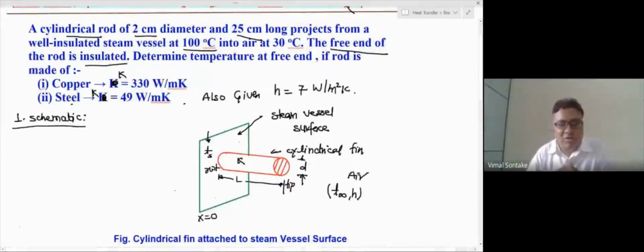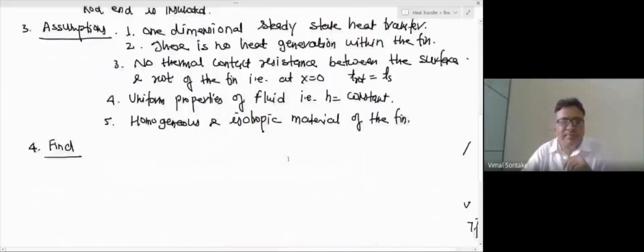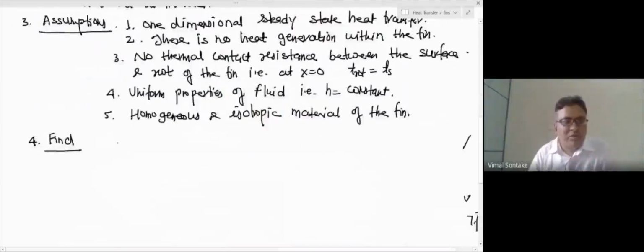So you are supposed to find out the temperature at the tip of the fin, that is at x equal to L. That is TL you are supposed to find out. So symbolically, you are supposed to find out TL, that is temperature at the tip of the fin. Then let us do the calculations.